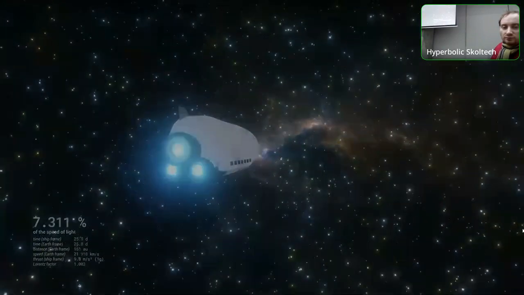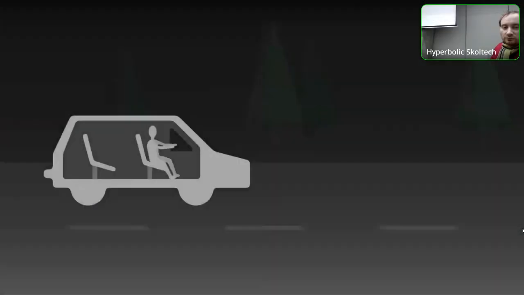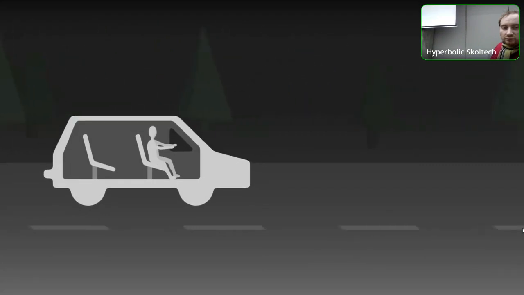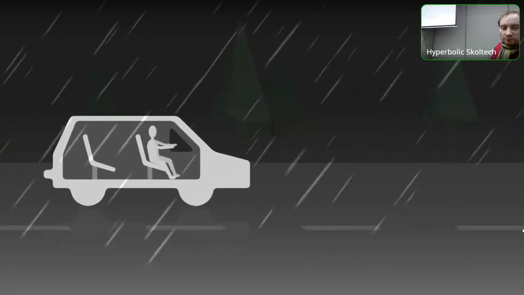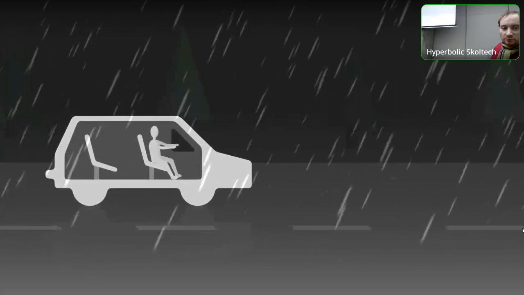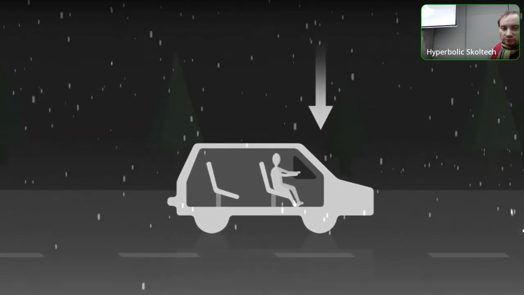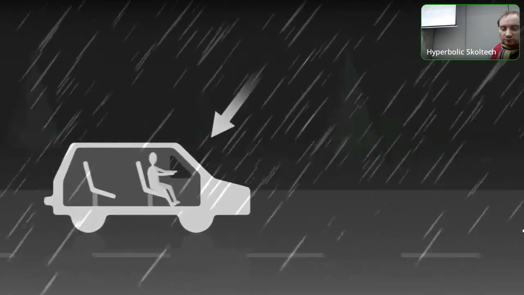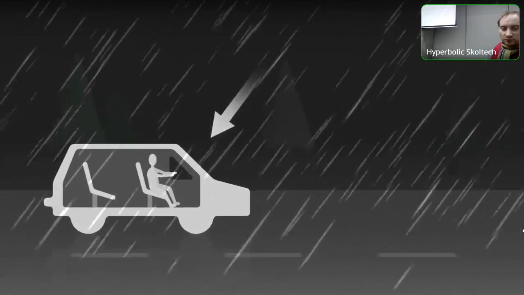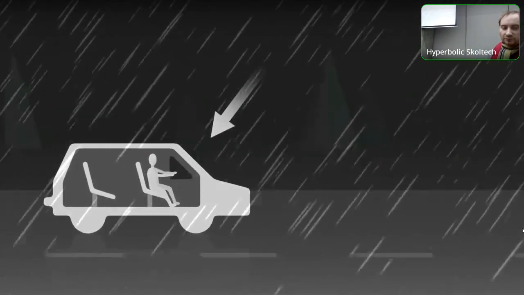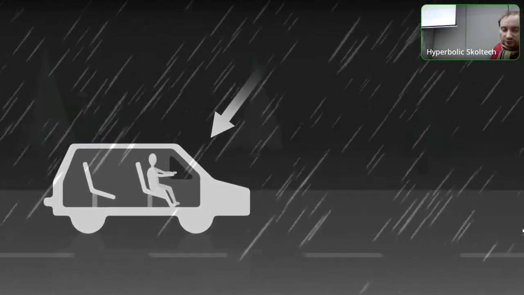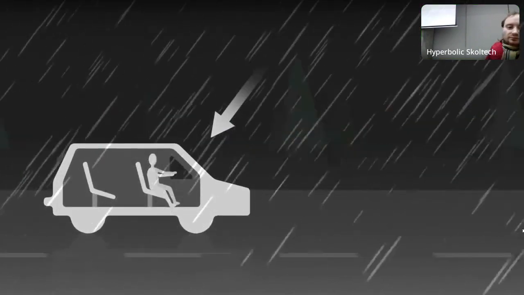To understand, think of this common situation. You are in a car driving at high speed, and it starts to rain. The rain falls vertically from top to bottom, but as the car moves forwards, you receive raindrops on the windshield face on. The rain does not appear to fall from above, but from the front, as if its trajectory were tilted.